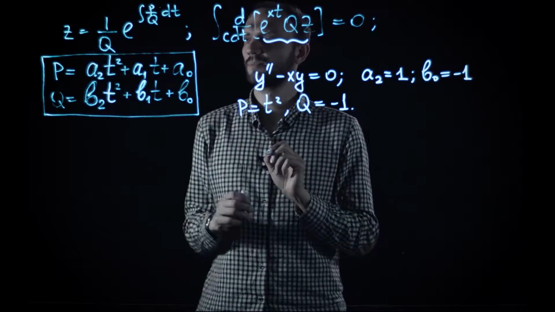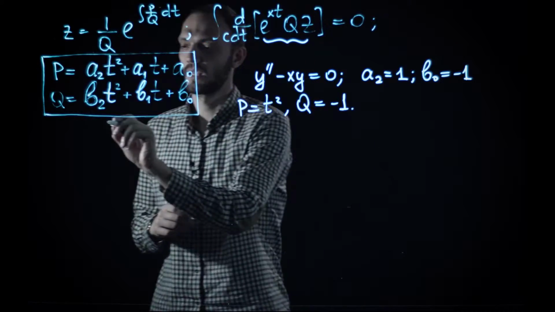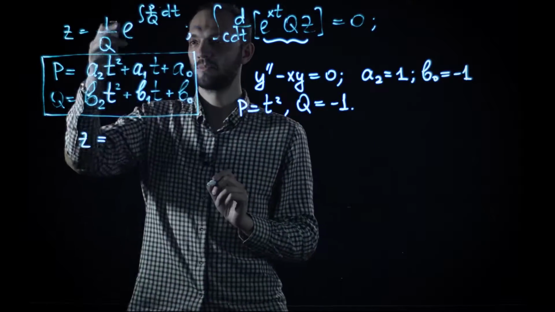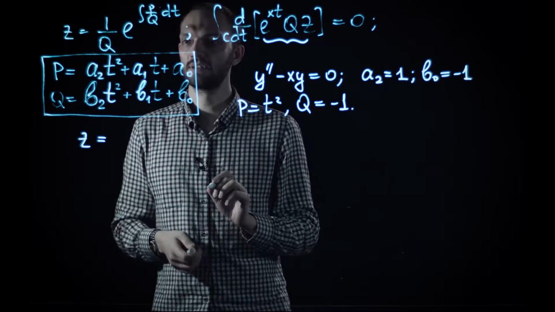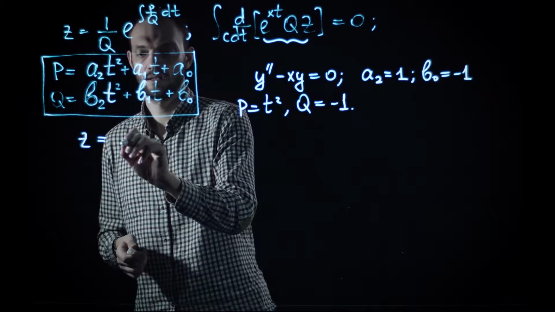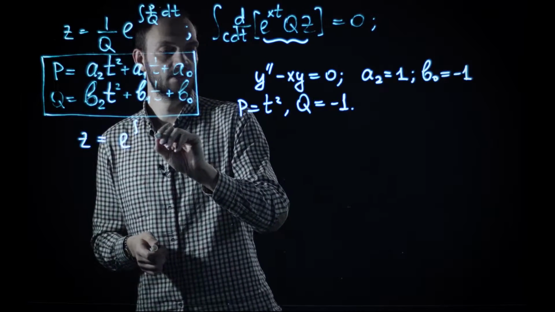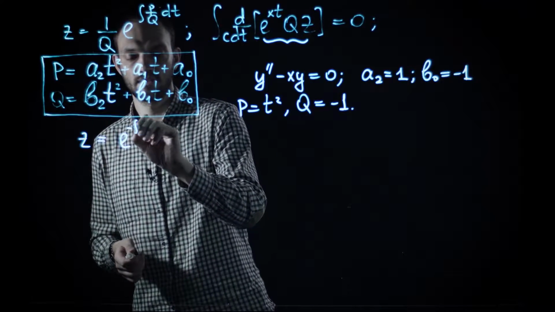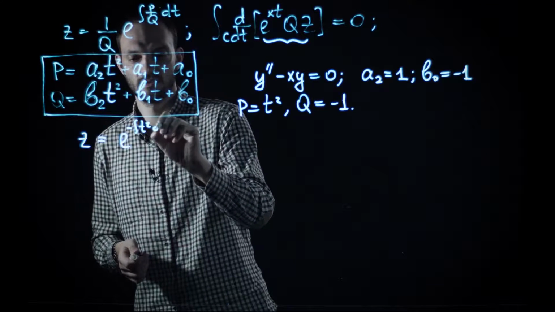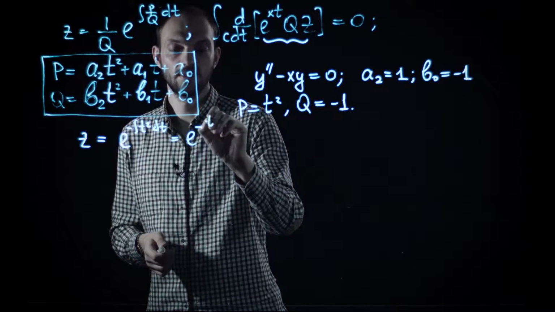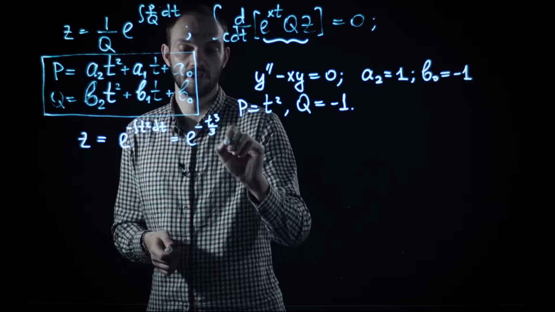And we can write down an explicit expression for z. So z equals, factor -1 can be omitted, z equals exponent of integral p over q dt, which is just the integral of minus t squared dt. That is exponent of minus t cubed over 3.